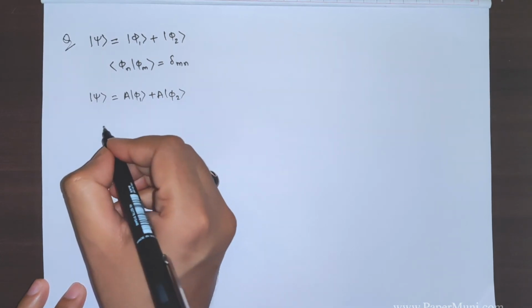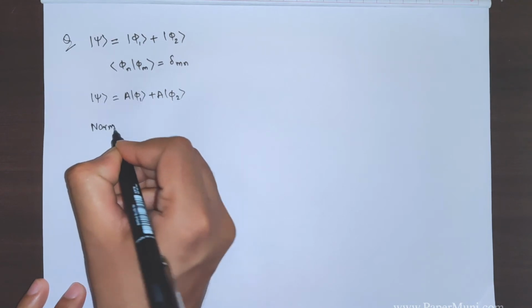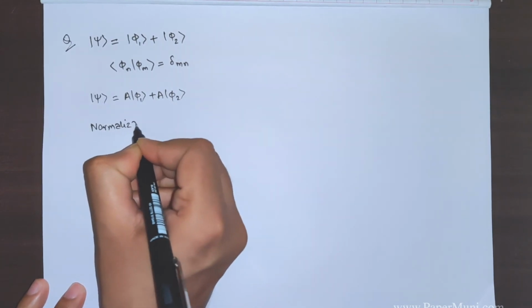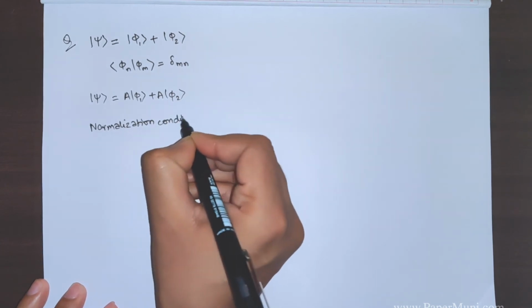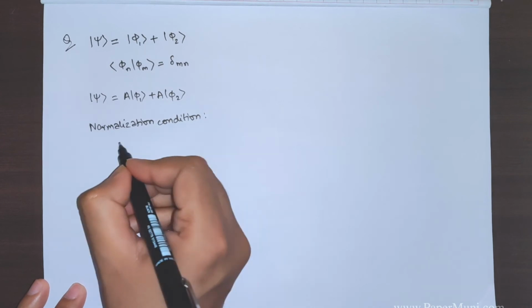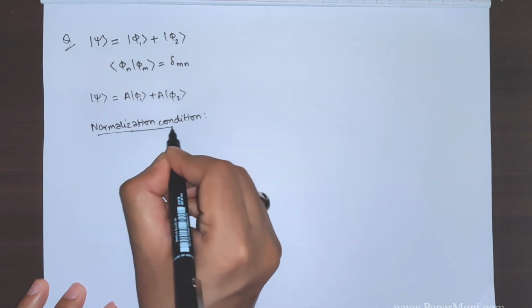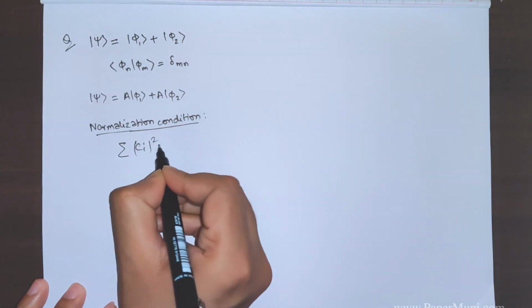Now the normalization condition, which we obtained previously in terms of probability amplitude, was the summation of |Ci| squared equal to 1.